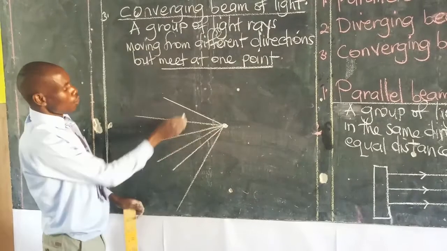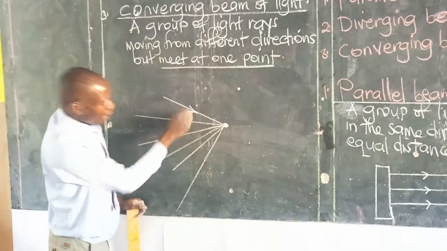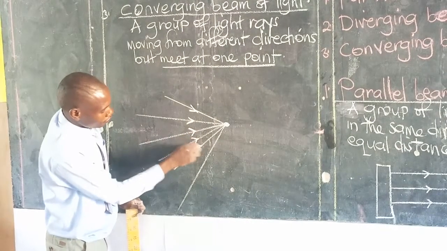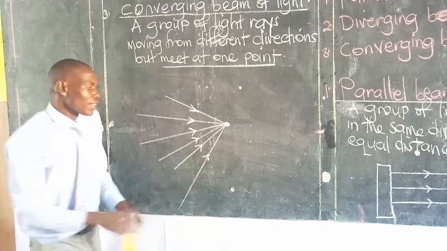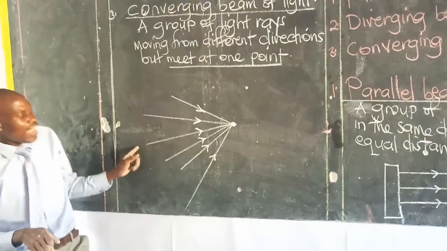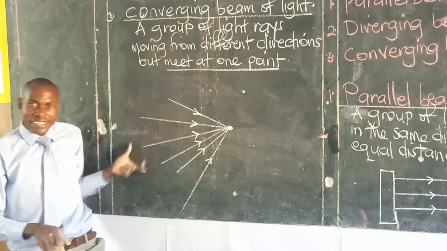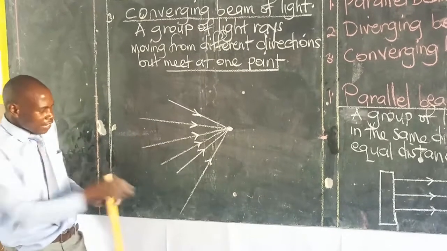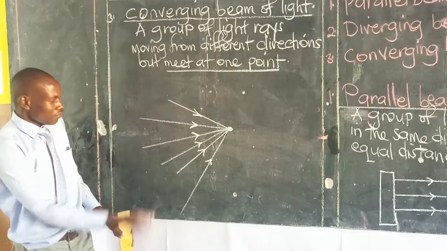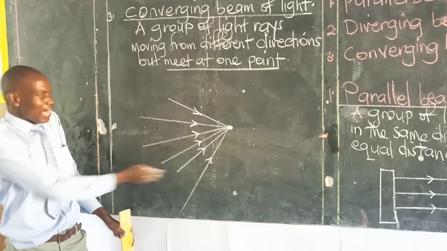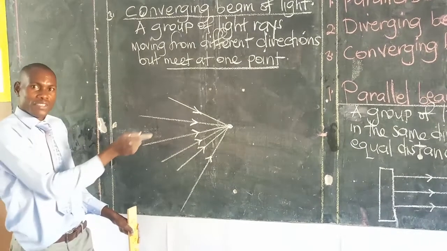For example, when we include our arrows here, this arrow means that light rays move from different directions. As they come, this one comes from its own direction, this one comes from its own direction, the other comes from its own direction, and all of these do the same.